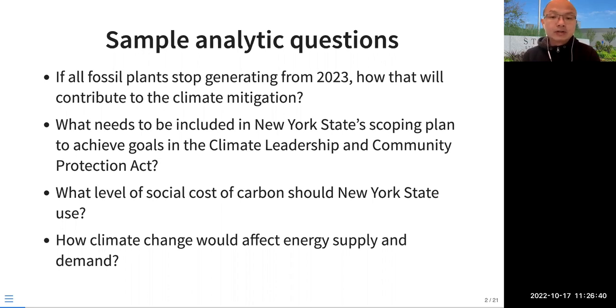What level of social cost of carbon should New York State use? We will introduce the idea of the social cost of carbon, but what should New York State use? What factors should we consider, and how do we come up with a reasonable number that is not too high, which sounds unrealistic, and also not too low, which makes little difference? Also, how would climate change affect energy supply and demand?